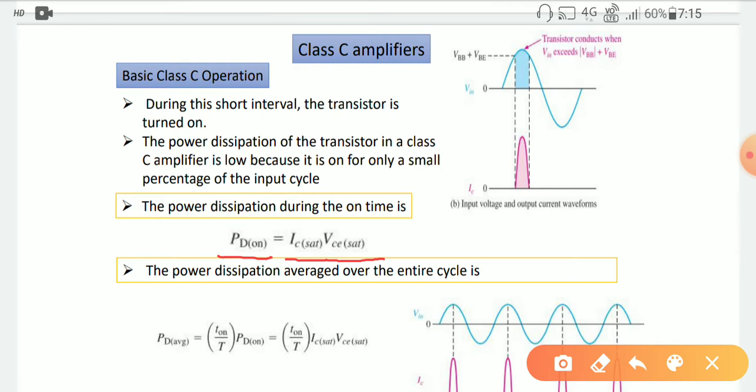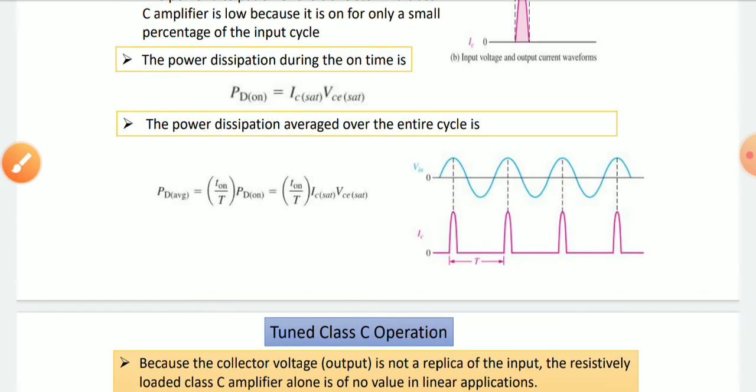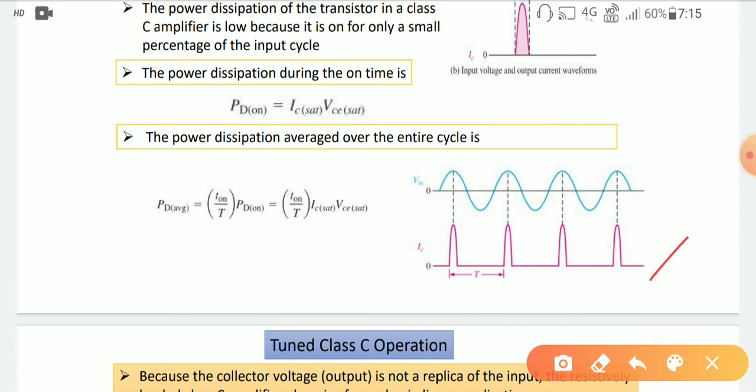So what will be the value of the power dissipation averaged over the entire cycle? If you consider this picture, a number of cycles are used for the input, and due to the Class C amplifier, in each period there is a short duration when the transistor is on.